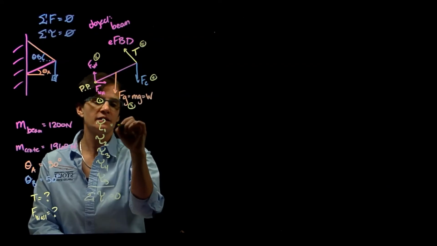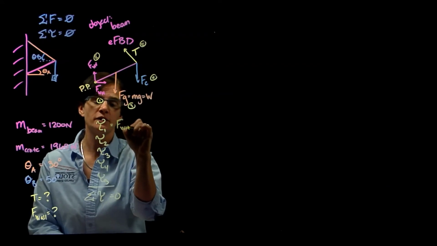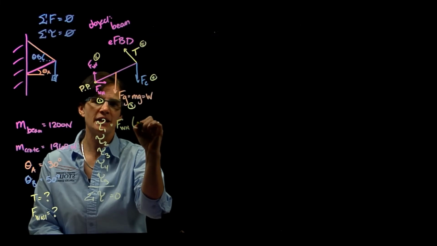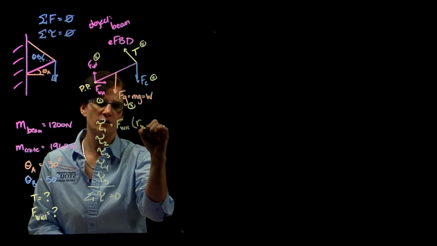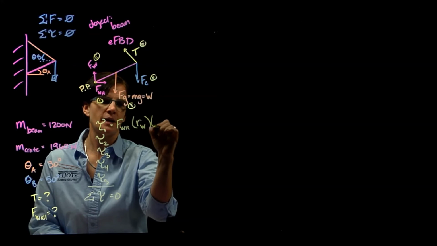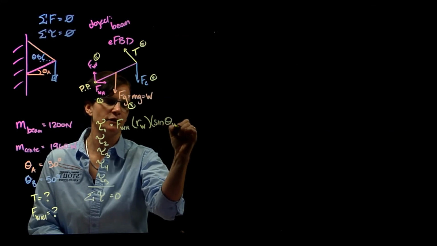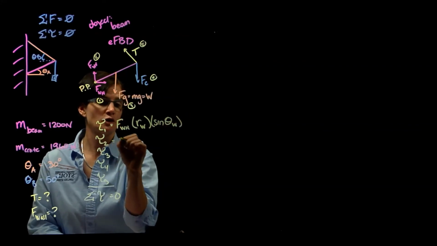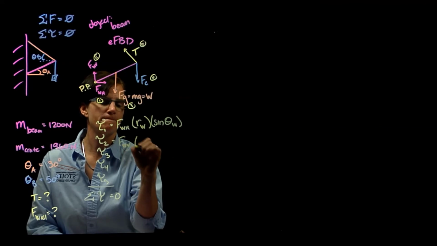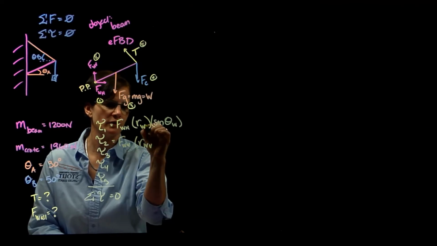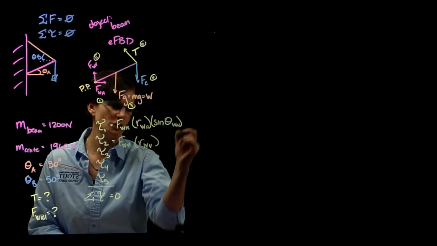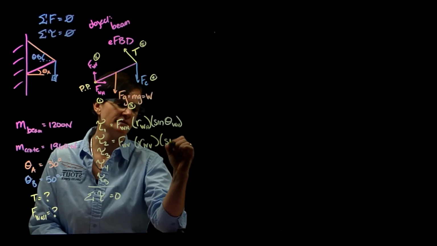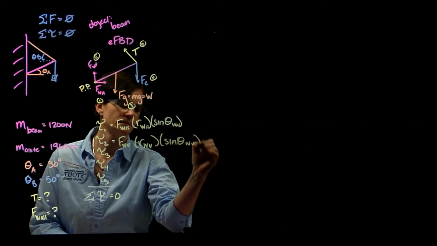Torque 1 is the force of the wall horizontal times the radius of the wall times the sine of the angle for the wall. Torque 2 is the force of the wall vertical times the radius of the wall vertical, sorry, that should be H, and that should be H2, times the sine of the angle of the wall vertical.